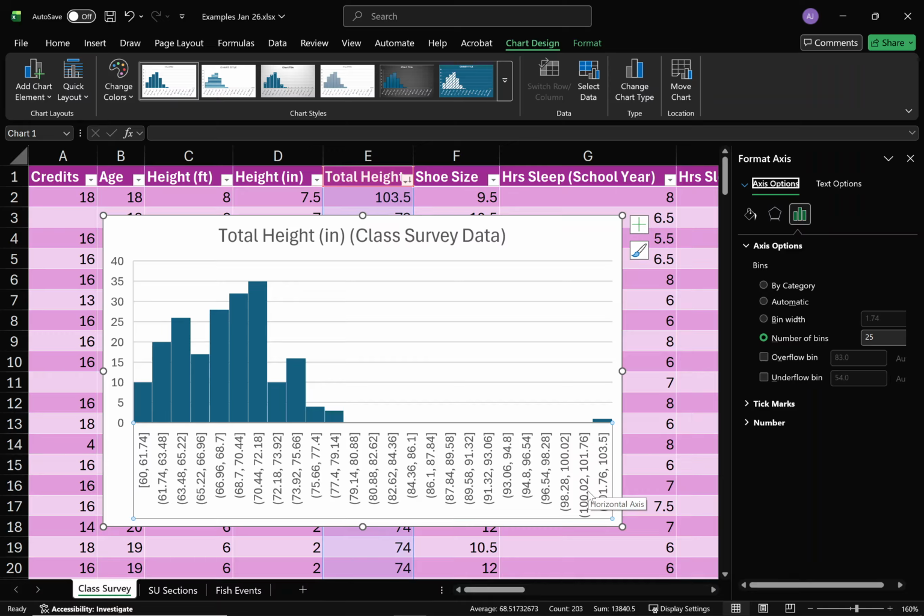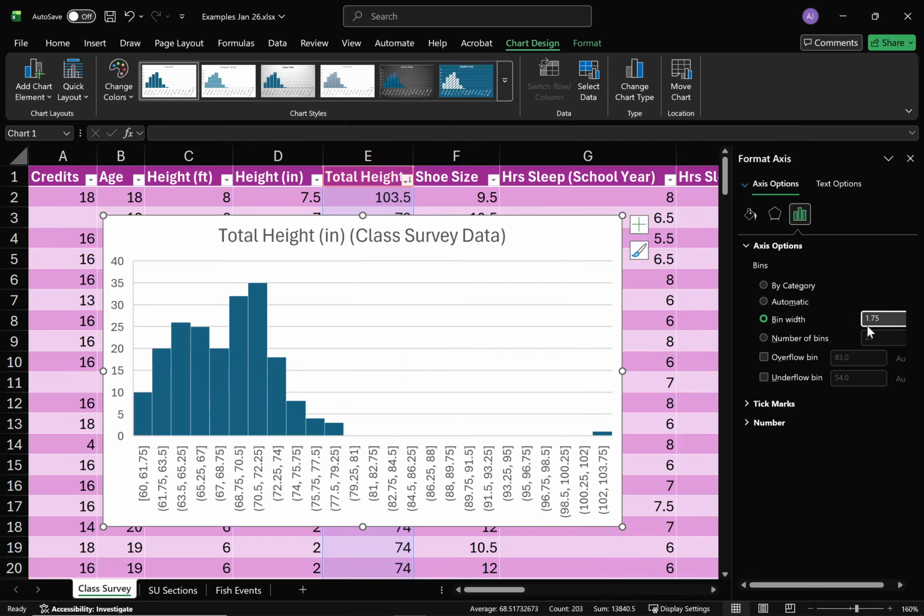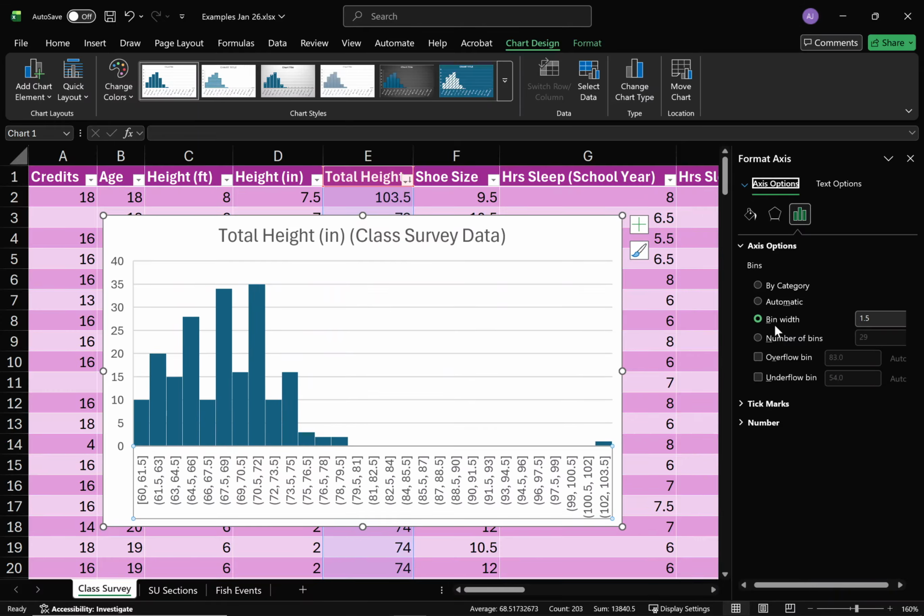And that can mean that you have some kind of weird looking decimals. So I usually do the bin width and try to put it on kind of a round value. Maybe 1.75 would be closer to something that would look nice, or 1.5 maybe. So you cannot set both of those things. You have to pick one or the other.